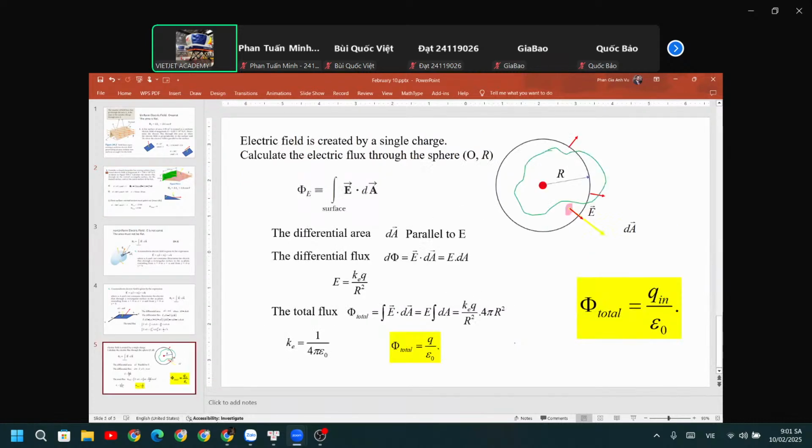Is it important? Yes, of course, right? Then we have the Gauss law. I copied the Gauss law from the book so that you can read. Okay.